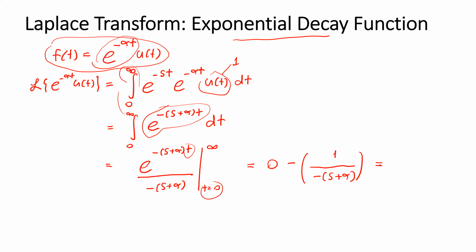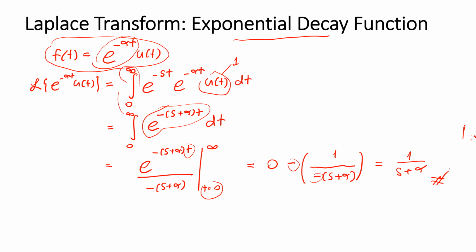So in this case, the Laplace transform equals 1 per s plus alpha.